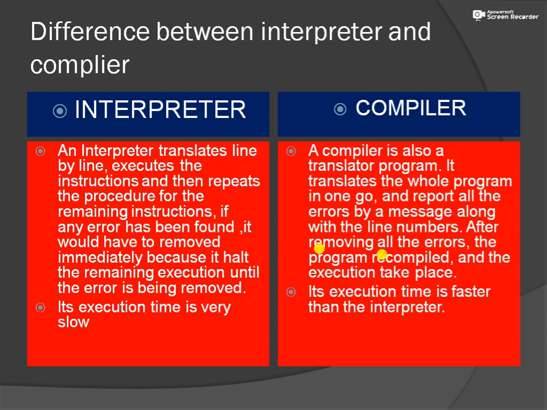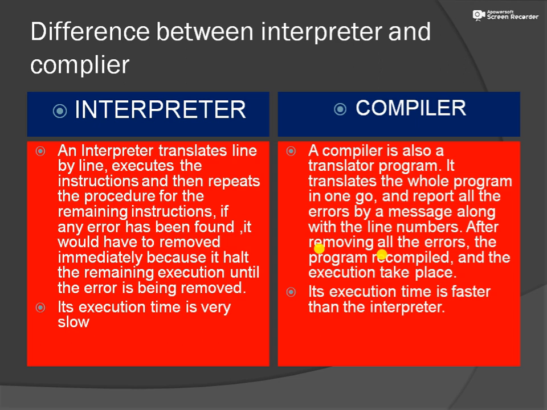Students, interpreter and compiler both are language translators and both are used for translating high level language into machine language. But there is a common difference between them. An interpreter translates the program line by line, executes the instruction and then repeats the procedure for the remaining instructions.